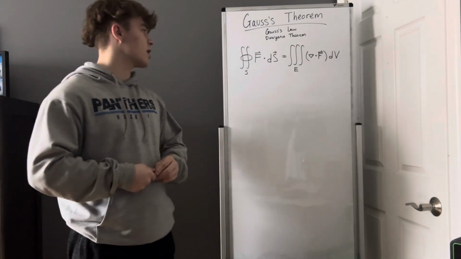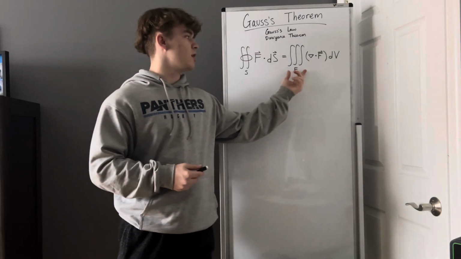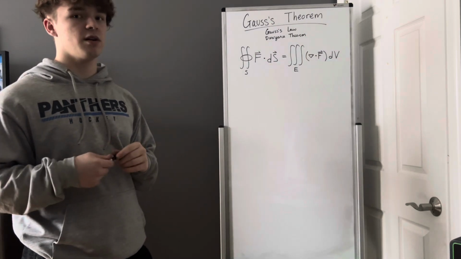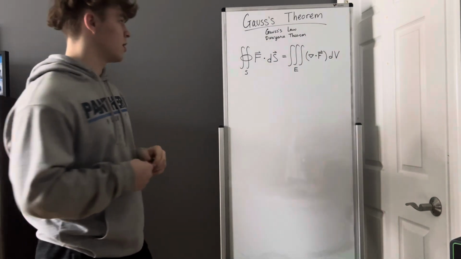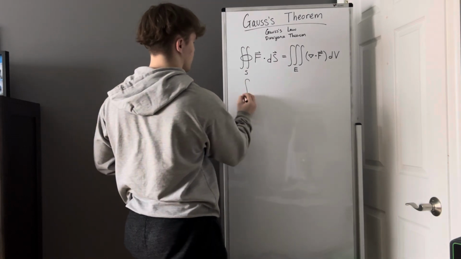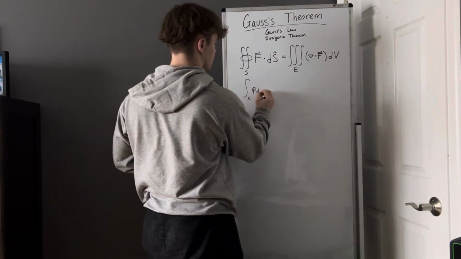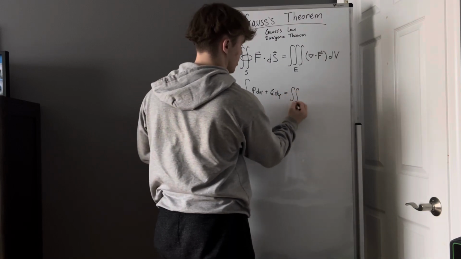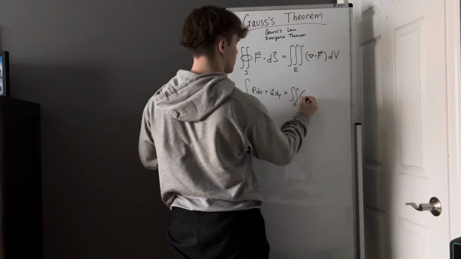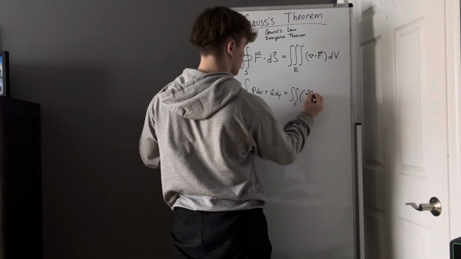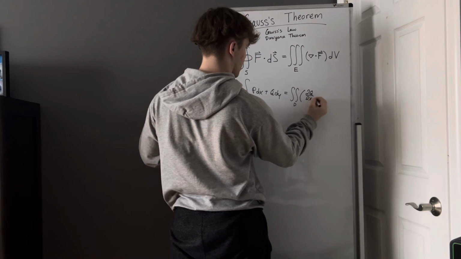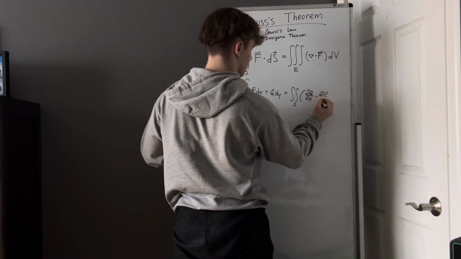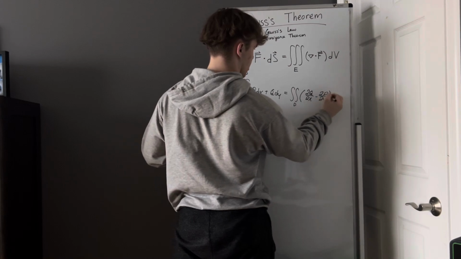And so you may recognize that since we have a closed surface, we will now have a triple integral. And this looks very similar to Green's theorem, where if we had an integral over C of P dx plus Q dy, we could evaluate it in a double integral of, I believe, the partial derivative of Q with respect to x minus the partial derivative of P with respect to y dA.